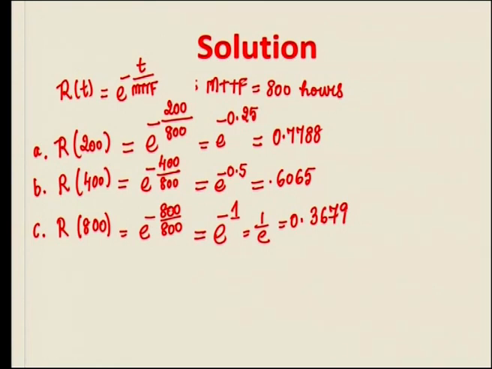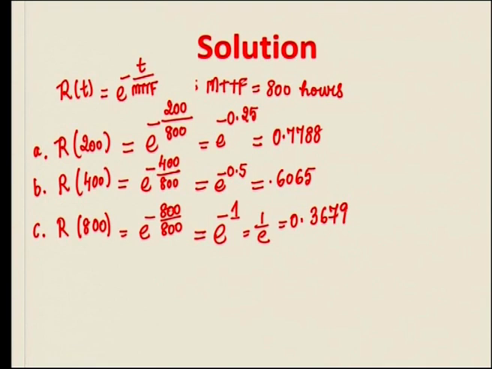And the last one is R of, say, 1000. It has been given as 100 there, but let us make it 1000, because we are seeing how the reliability increases or decreases as the time increases.